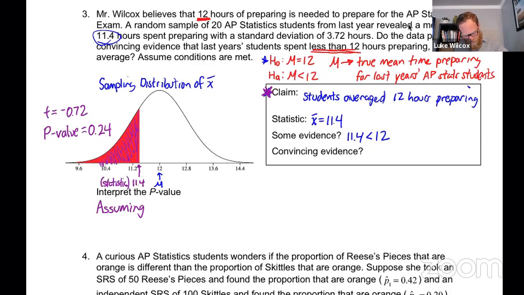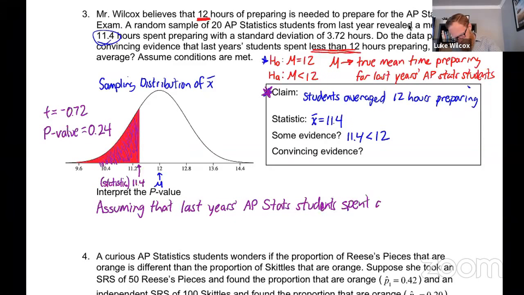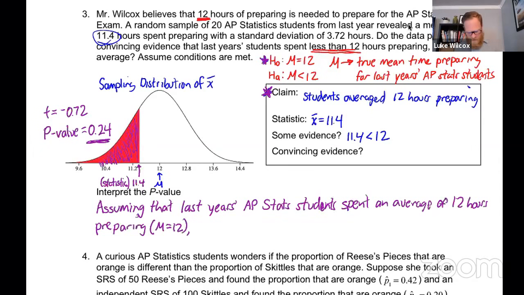So we're going to assume that last year's AP Stats students spent an average of 12 hours preparing. And if we wanted to write that in symbols, we know that's, of course, our null hypothesis. I'm just going to put that in parentheses here, that the true mean is equal to 12. Now let's get to the interpretation of the p-value.